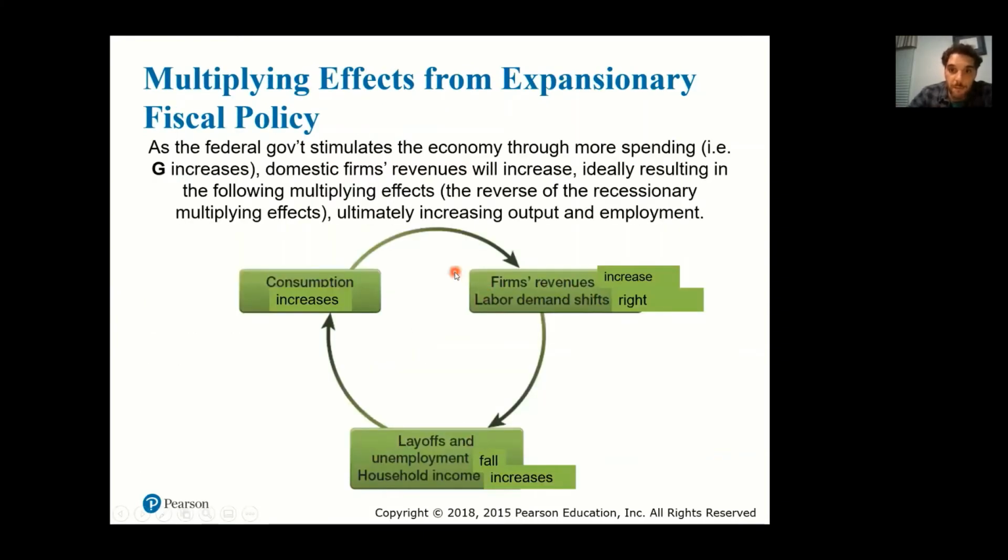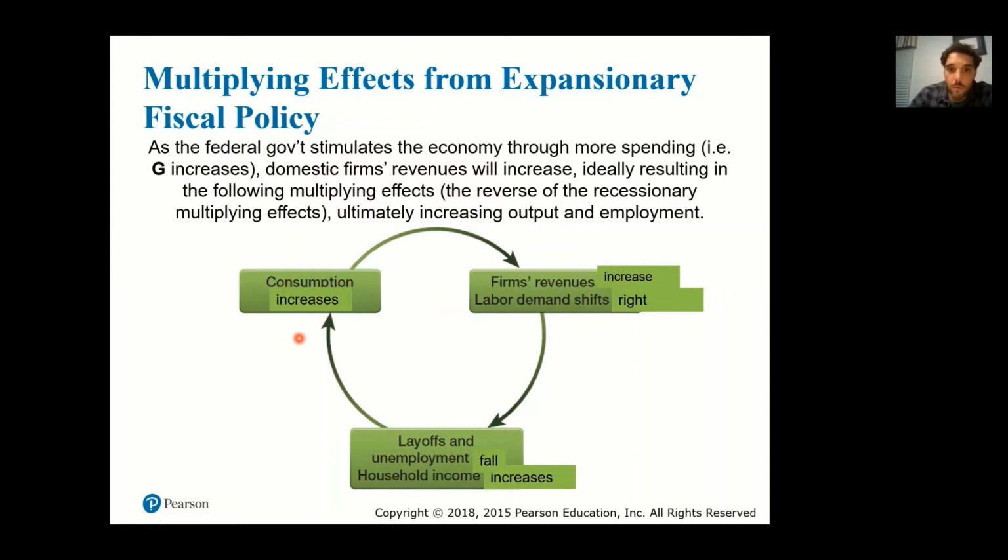if firms' revenues are increasing, well, when firms' revenues increase, this is going to create an increase in the demand for labor, which is going to drive up employment, increasing household income. And with households having more income, they then buy more stuff. Consumption increases.